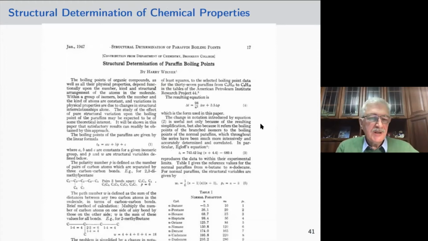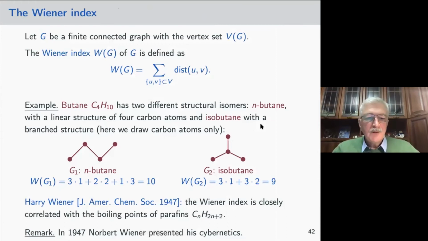The general concept in chemistry is the following: structure determines chemical properties. If you have something with very close structure, you can expect that chemical properties are also very close. And in this paper, Wiener defined the following invariant of a graph, which is now called the Wiener index.